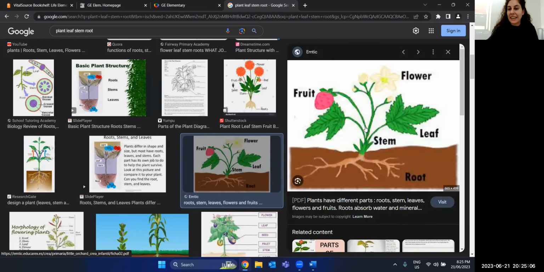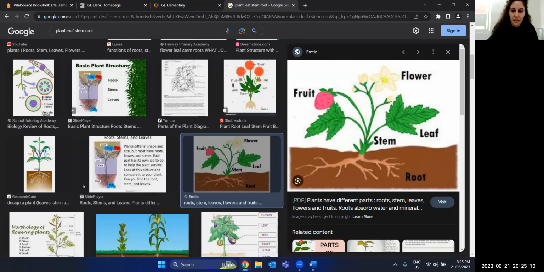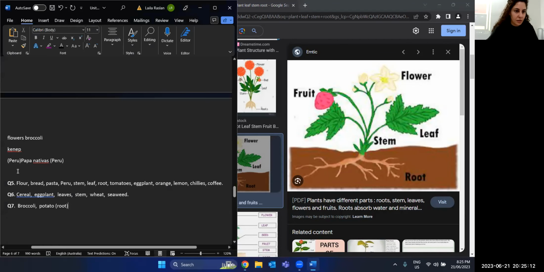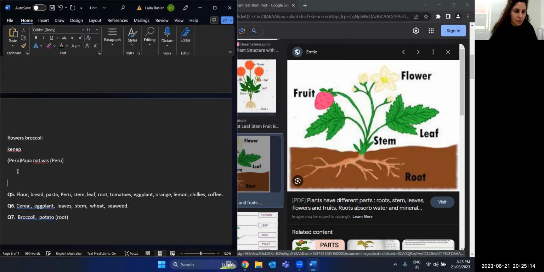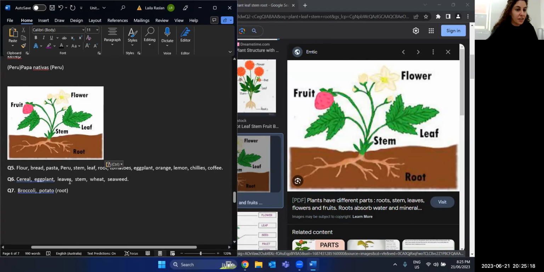So we're talking about plants or vegetables. So I'll copy. Okay, so we can keep this image here. So the potato, we eat the root. The broccoli was stem and flower.